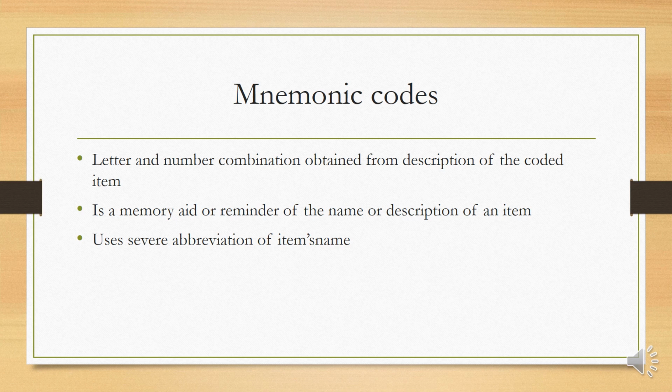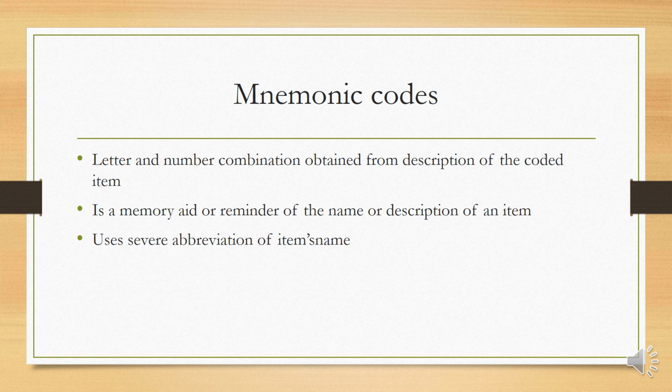They can make use of mnemonic code. We will see with an example how garments are coded using mnemonic code. We have already seen mnemonic codes are a combination of letters and digits.